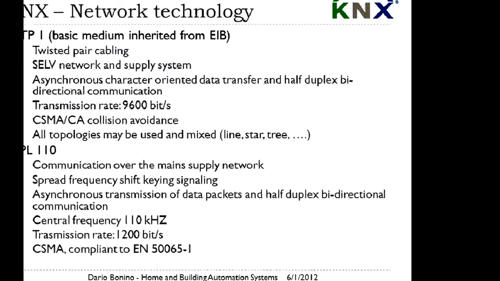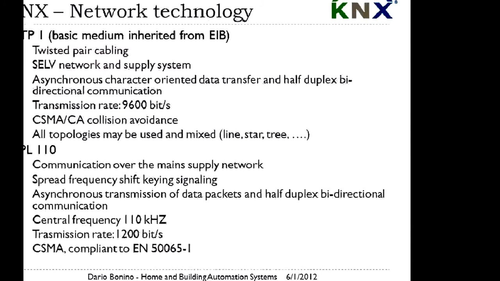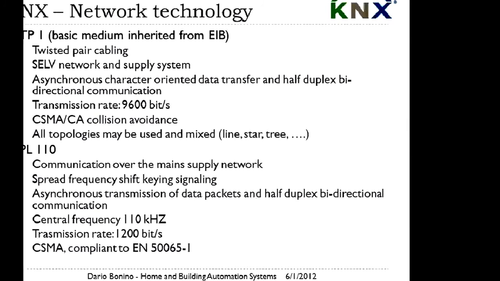The communication is asynchronous, character-oriented, and half duplex. So I can transmit, then listen, transmit, listen. Okay, but not transmit and listen at the same time. The data rate is 9,600 bits per second. Not so much, but not so slow.